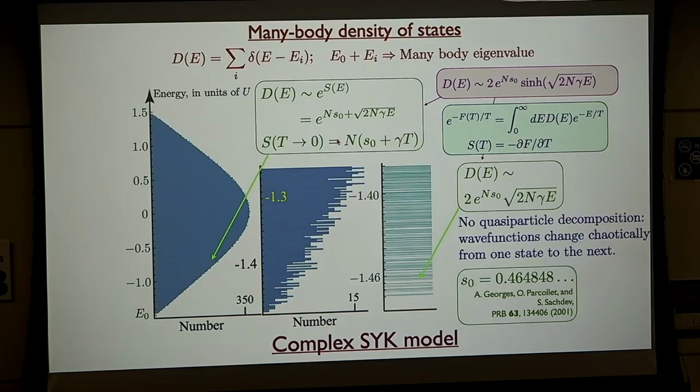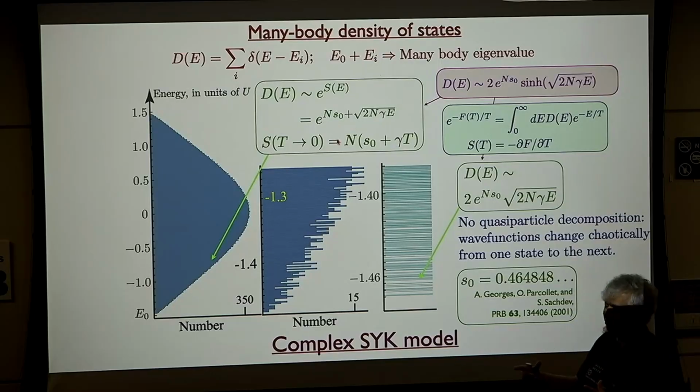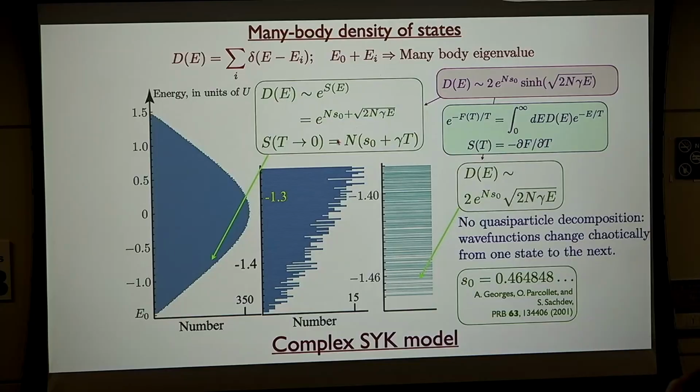So this system has a zero temperature entropy. Notice this is when the system is extensive. It means you've taken the thermodynamic limit first, n has gone to infinity, and then you send the temperature to 0. Then you get this constant S0, which is actually a universal number that only depends on the filling, just computed.